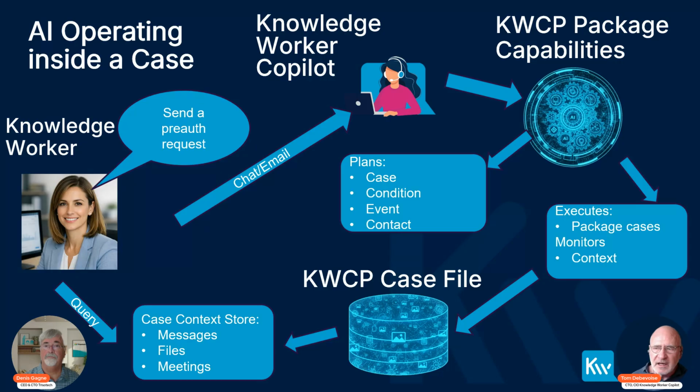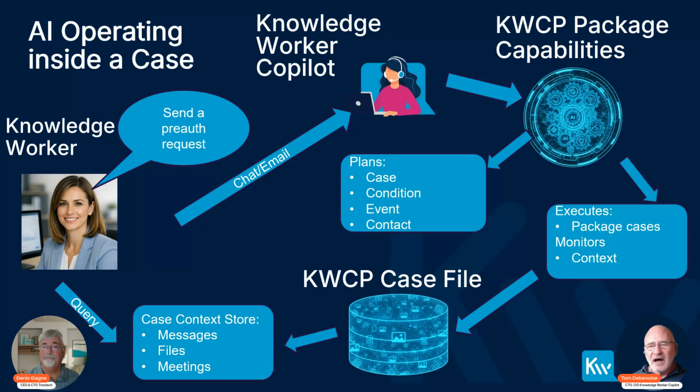We have actually the ability to launch two or three or multiple agents depending on the conditions within the case, and those agents self-organize themselves to create the results that we're seeking, right? And all of that is accomplished because we're using a business case approach. Business case does not follow a strict path. It adapts to the conditions of the information in the case file.